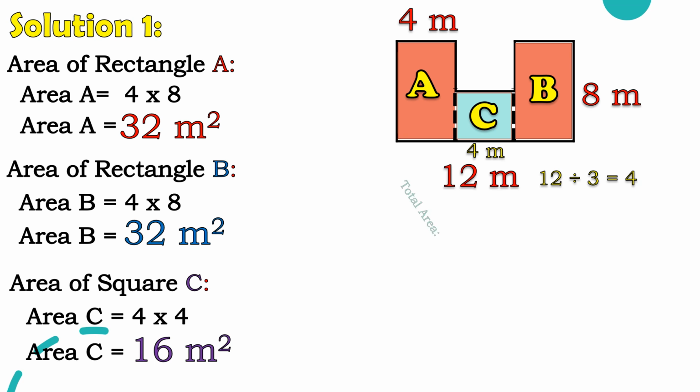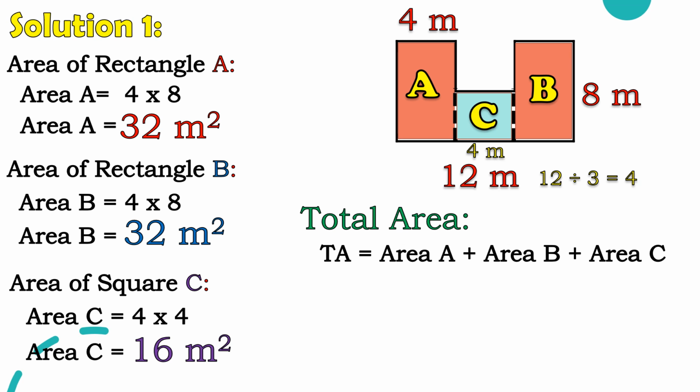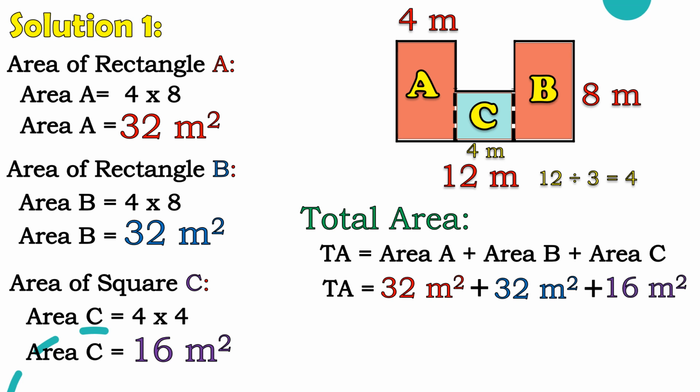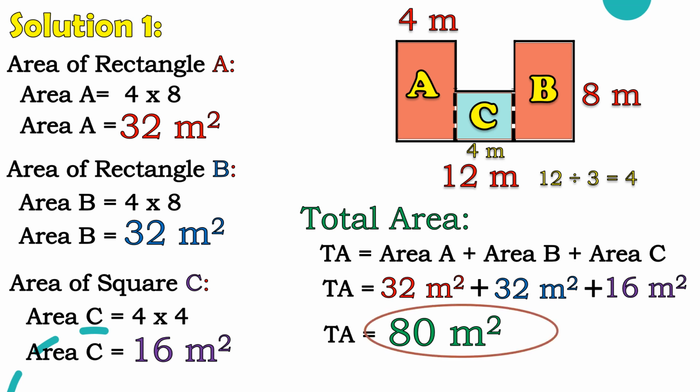To find the total area of the irregular figure, same thing din kanina, ipa-plus lang natin ang area ng rectangle A, rectangle B, at ng square C. So, here it is. 32 meters squared plus 32 meters squared plus 16 meters squared is equal to 80 meters squared. So, the area of the irregular figure is 80 meters squared.